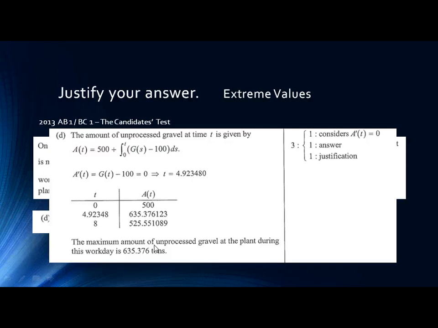How much was there to begin with? 100 plus how much came in, minus how much went out. Take the rate and find the number of tons. Integration as change. When they say the maximum, they're looking for the absolute maximum.